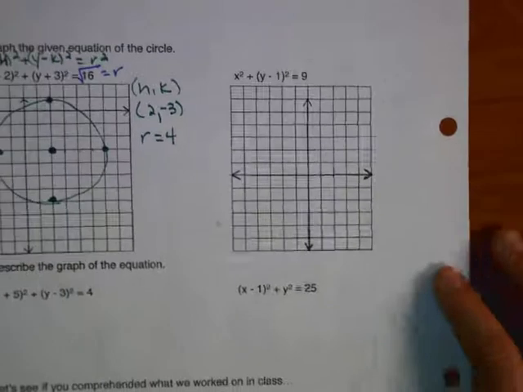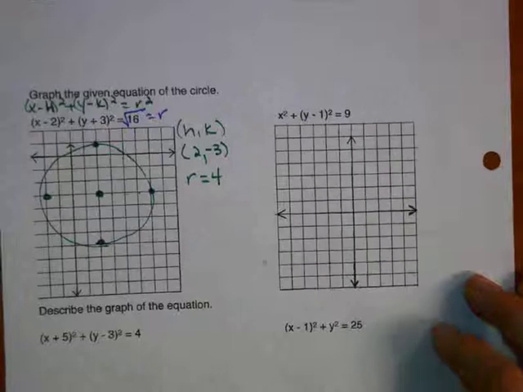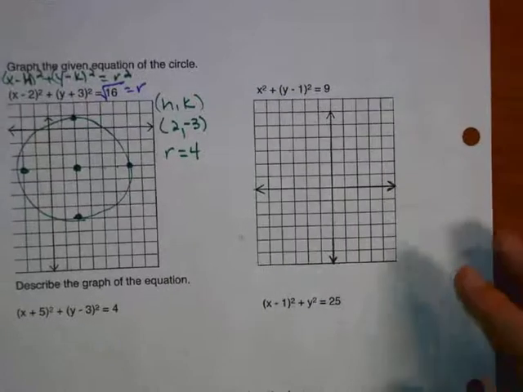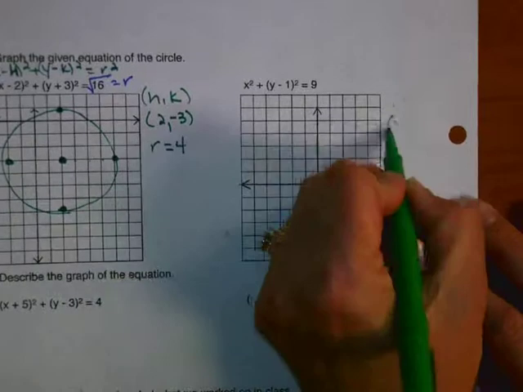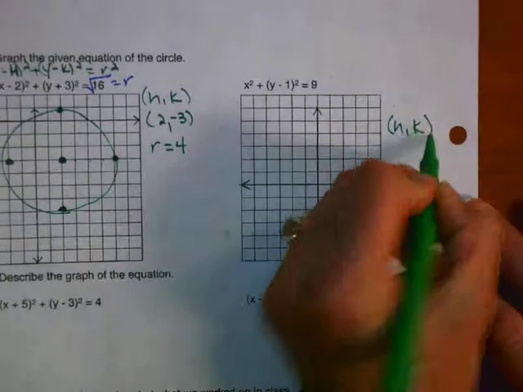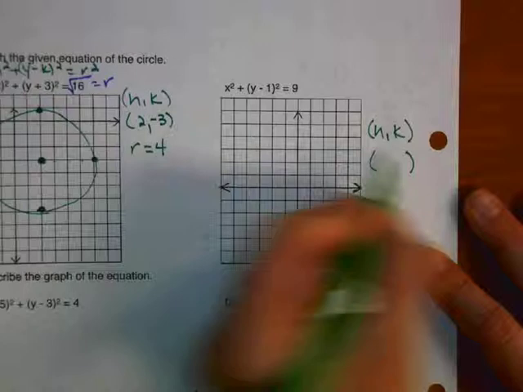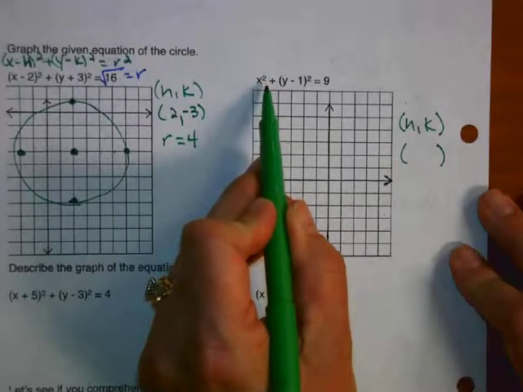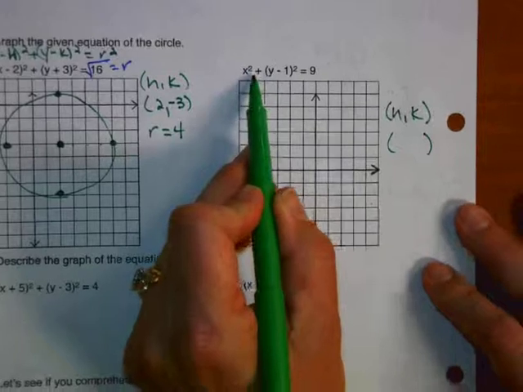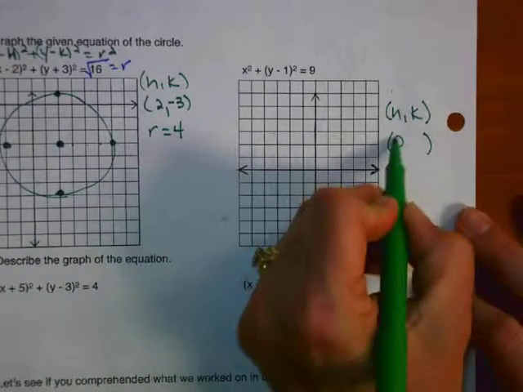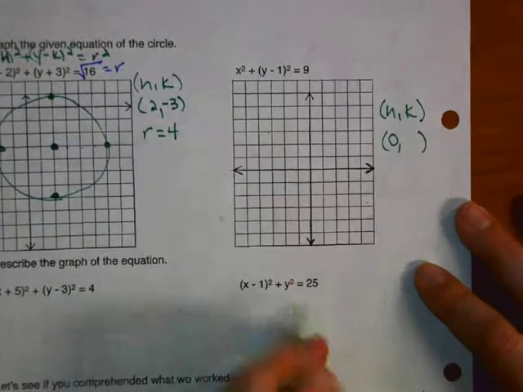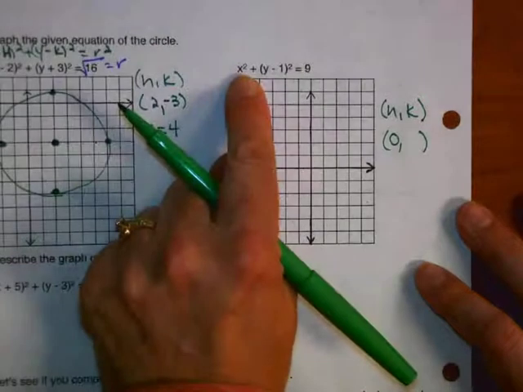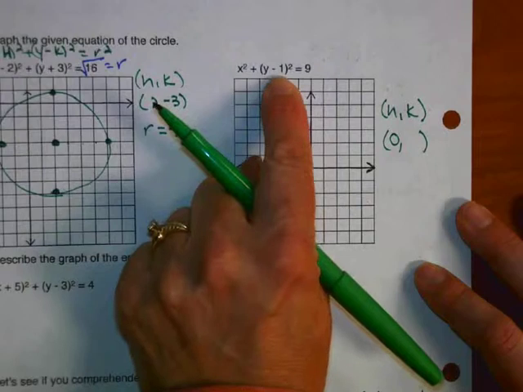Let's do one more. So it says graph the given equation of the circle. So I need H and I need K. Look at here. There's nothing being subtracted from X, so that means H had to be what? 0. H has to be 0. Do you see it? What is K? 1.